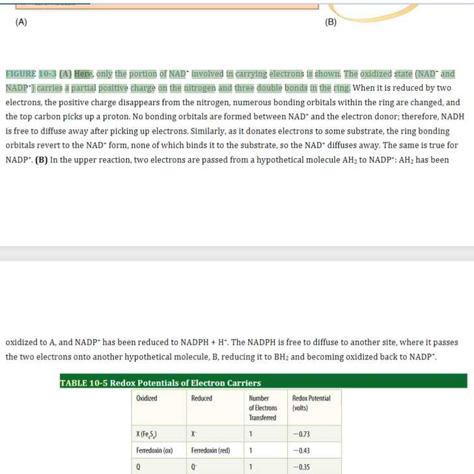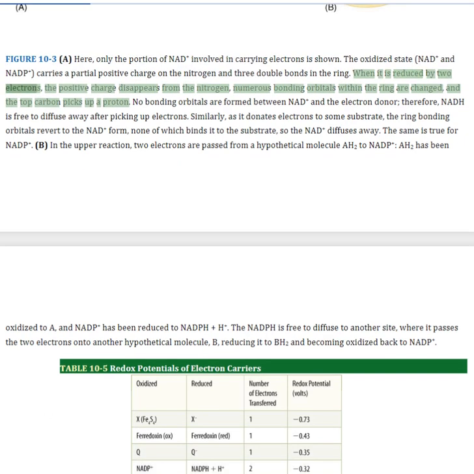Figure 10.3. Here, only the portion of NAD involved in carrying electrons is shown. The oxidized state carries a partial positive charge on the nitrogen and 3 double bonds in the ring. When it is reduced by 2 electrons, the positive charge disappears from the nitrogen, numerous bonding orbitals within the ring are changed, and the top carbon picks up a proton.